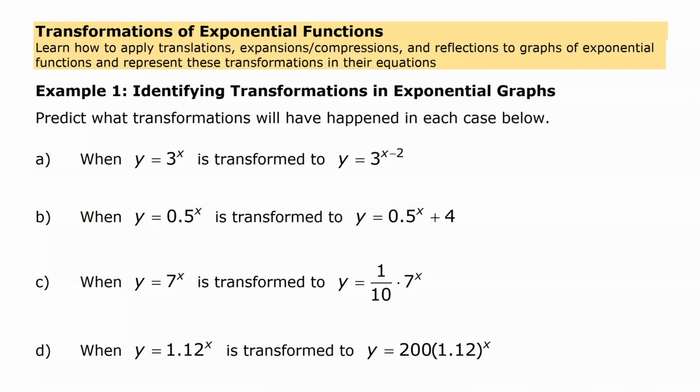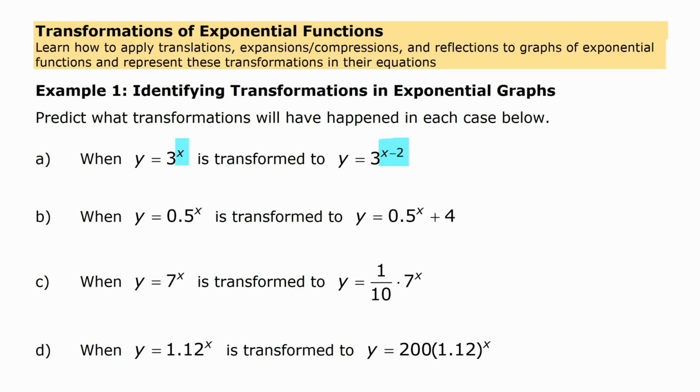In applying transformations to exponential functions, we're going to start by identifying changes in the equation and think about how that would change the corresponding graph. For example, when we have y equals 3 to the x, and we make the change to y equals 3 to the x minus 2, in other words, if we replace the x with x minus 2, what change happens in the graph?